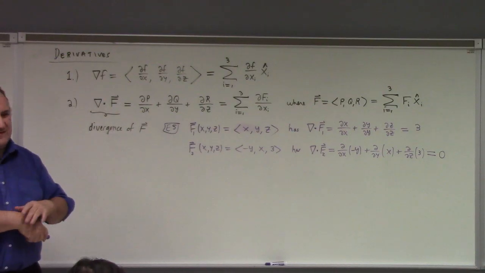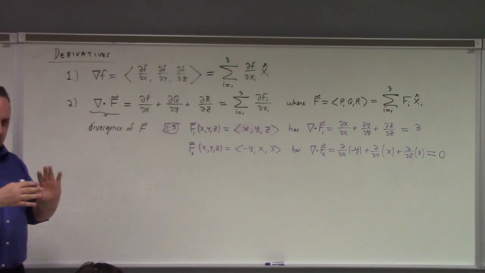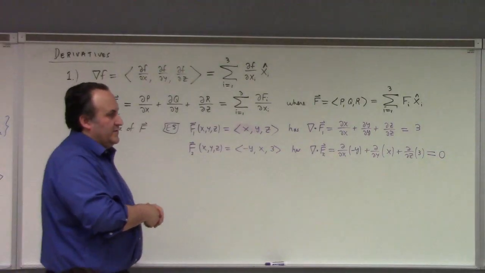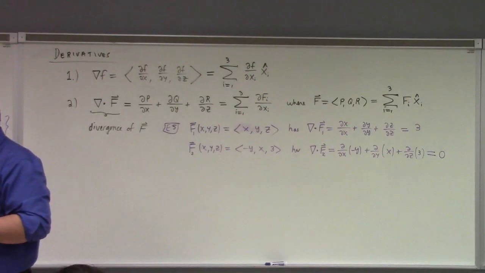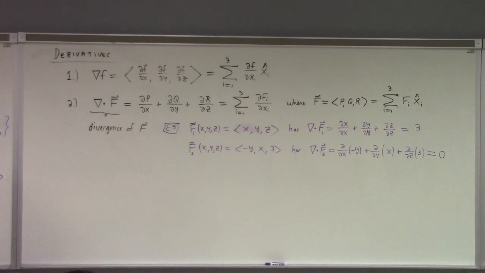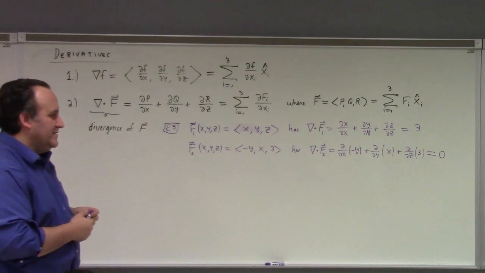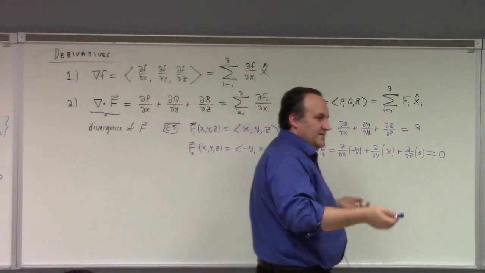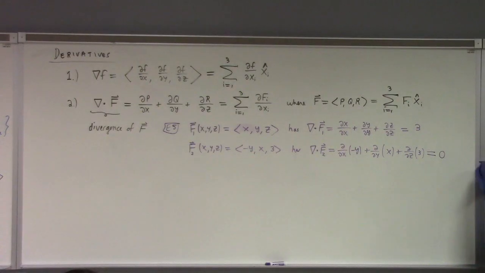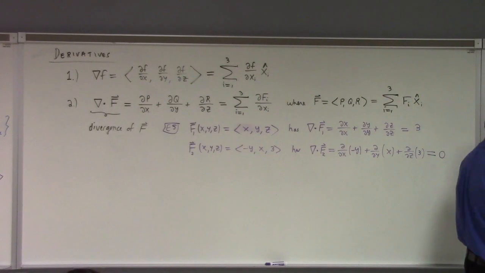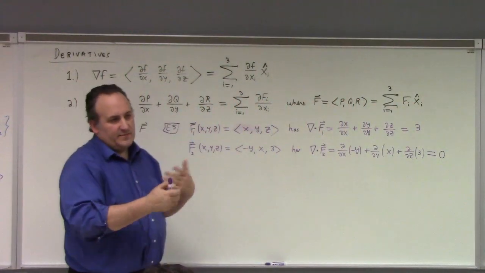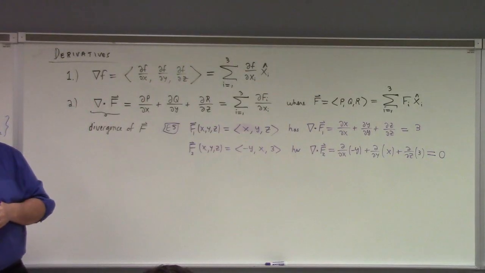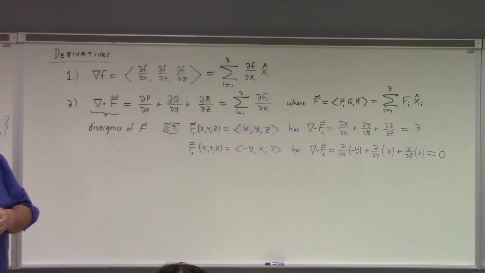You work it out, and this is not an easy calculation. It'll take you about 5 minutes to do carefully. But if you calculate the divergence of the Coulomb field, it's actually 0 on its domain. And yet, to my common sense of what the word diverge means, it seems like this vector field's diverging, spreading out. So whatever divergence is measuring, it's not simply that the vector field's spreading out, it's more than that.